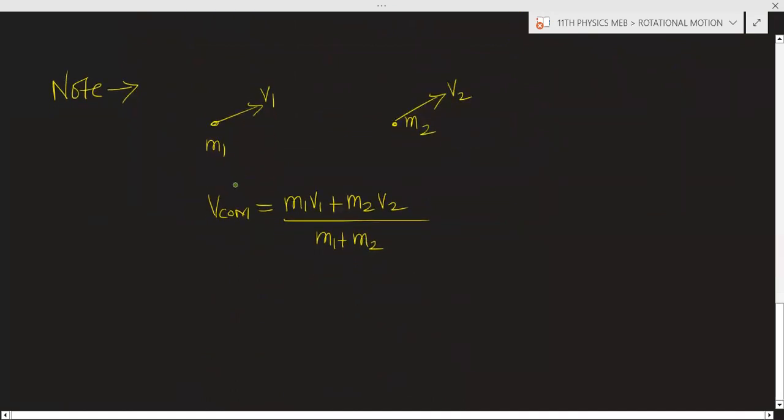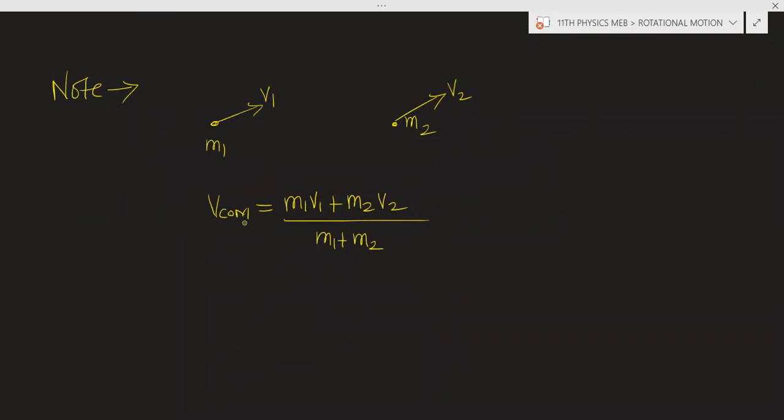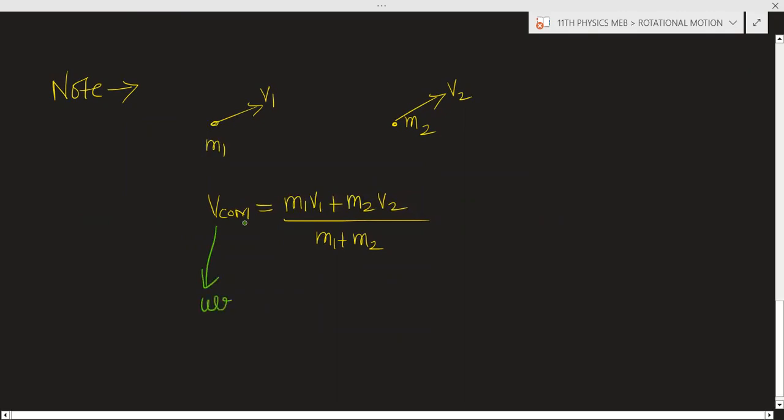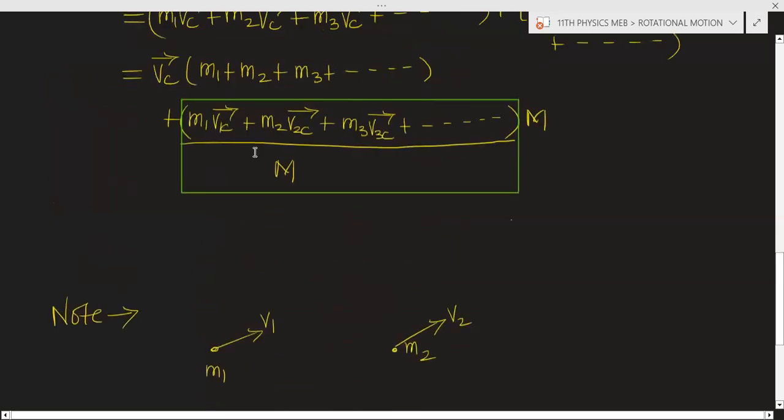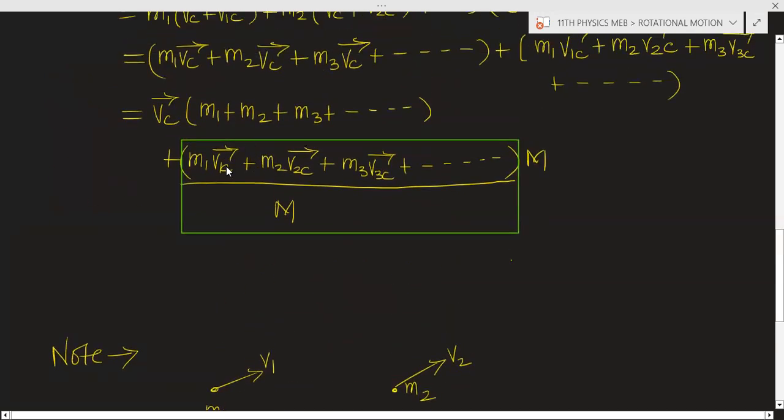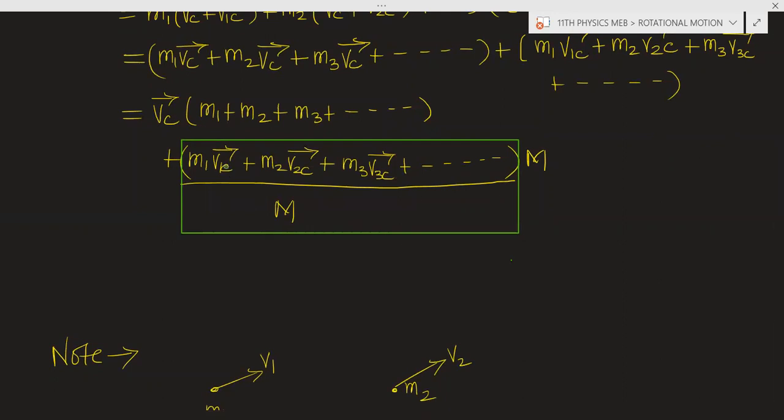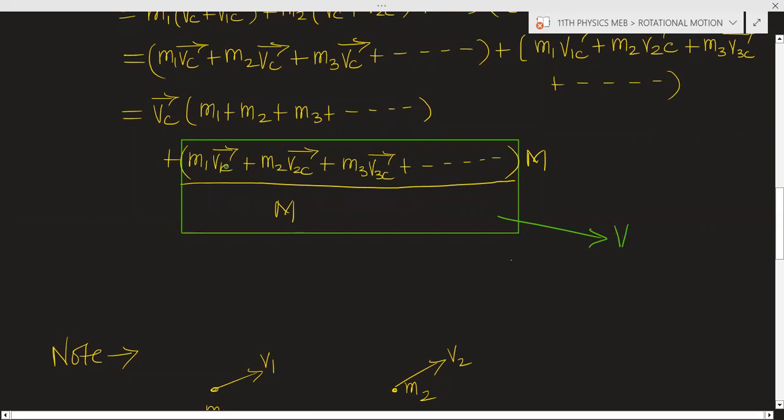Here nothing is given, so that velocity is the velocity of center of mass with respect to ground. But here the velocities are already with respect to the center of mass, so from here you will get the velocity of center of mass with respect to center of mass.